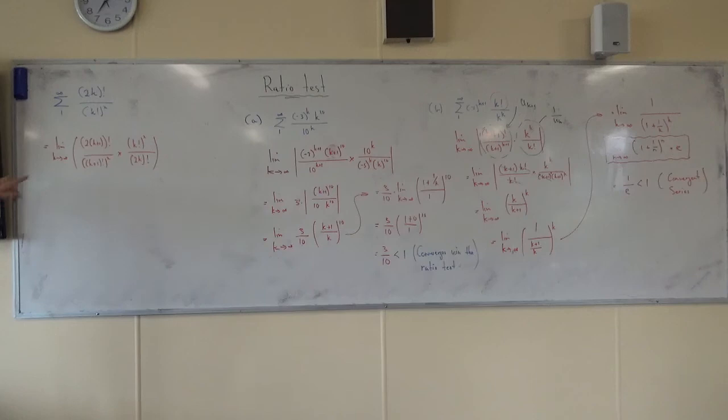Right, next step, probably just write that out again. Unless I can write k plus 1 factorial. Let's just expand this out. This is (2k plus 2) factorial, isn't it? Yep, so I'll write that down. What should I write here? That's (k plus 1) factorial squared.